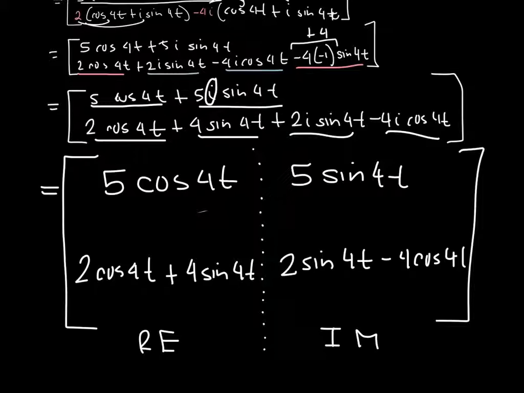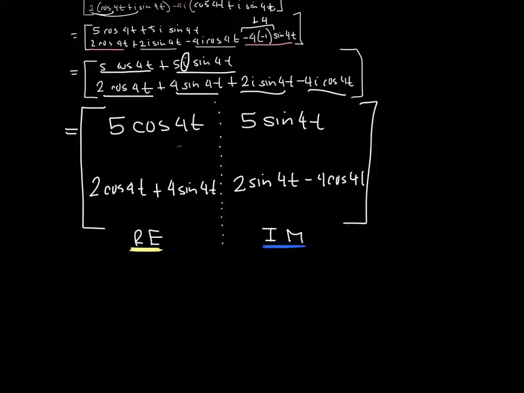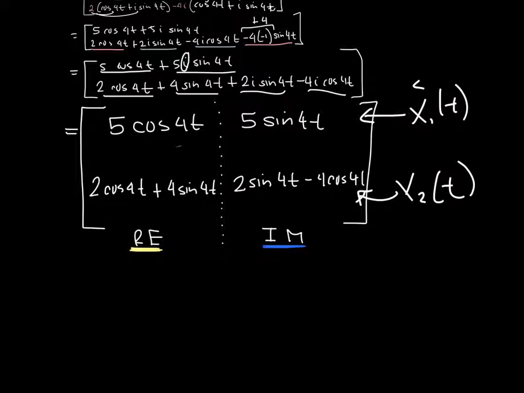So you have your real part, and then your imaginary part. These are basically your solutions: this is your x1 of t, and this is your x2 of t.